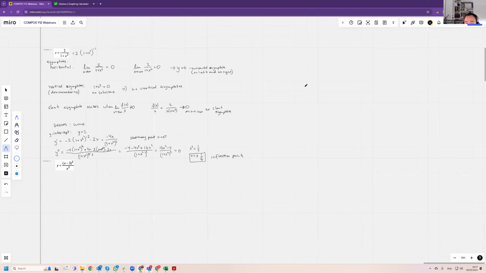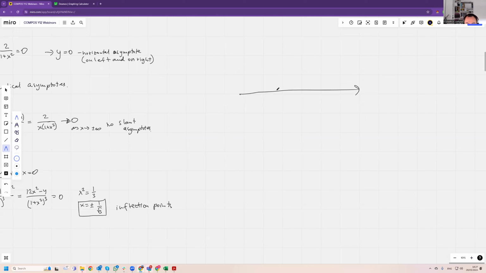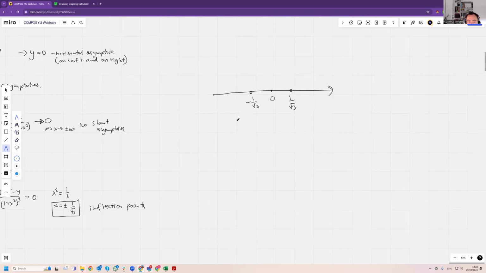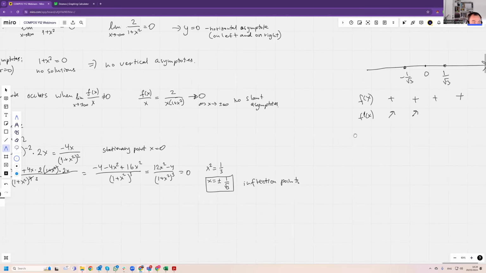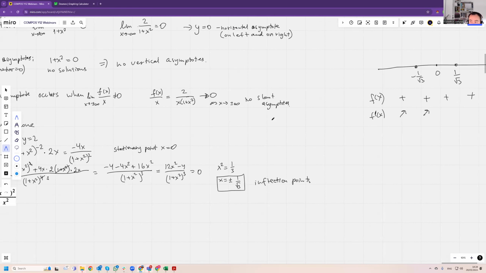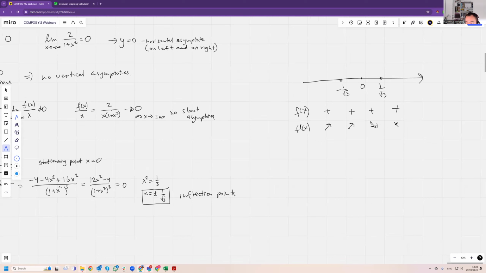And then we quickly draw the table and put the interesting points. So minus 1 over root 3, 0, 1 over root 3. The function is always positive. So positive, positive, positive, positive, because it can't be negative. Then the derivative is positive, positive, then negative, negative.